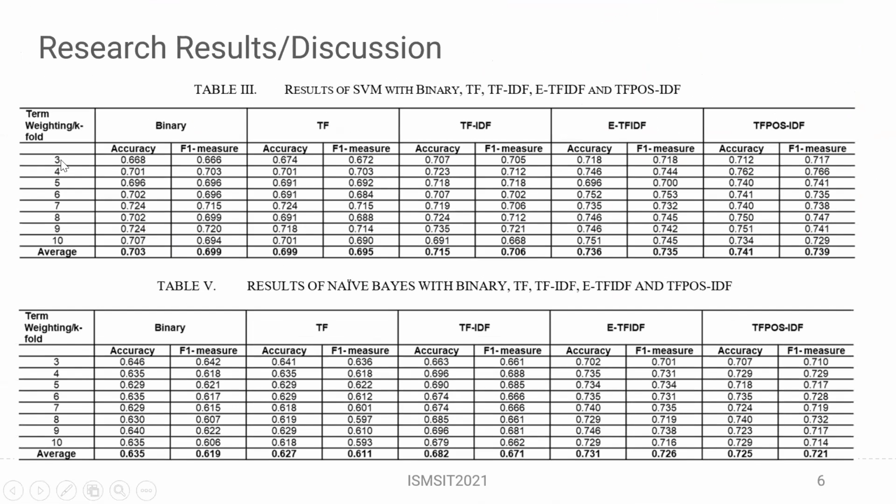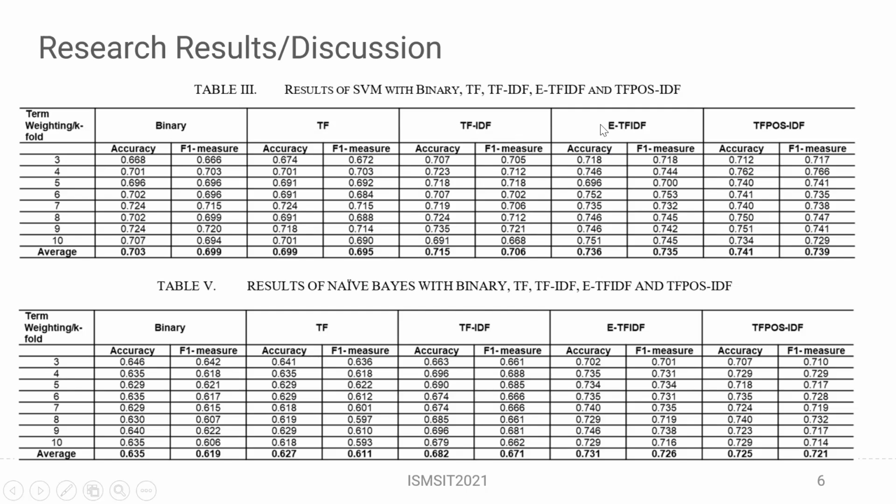So here we have cross validation, starting from 3 up to 10. For every term weighting you get accuracy and F1, and I take the average. This is more reliable compared to just taking 3 or 4. When you look here, binary TF and TF-IDF, this is enhanced, this is TF-PosIDF. These last two have given different weights to verbs and nouns, compared to TF-IDF, which is just a distribution of words.